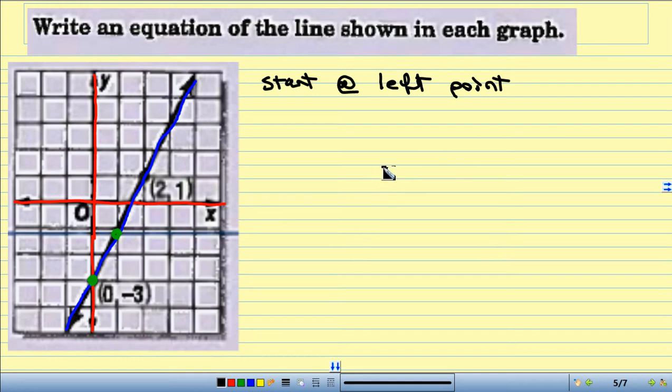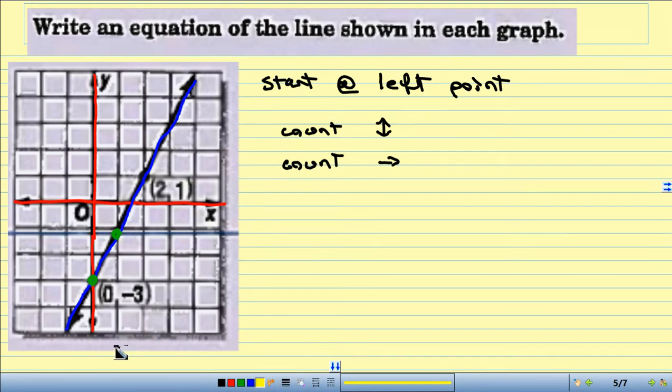And you are going to count how many moves you go up or down and how many moves you go to the right when you start at the left to get to the right point. So for instance, right here, I'm going to put it in yellow.